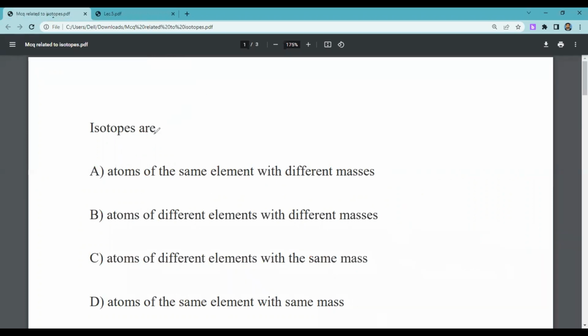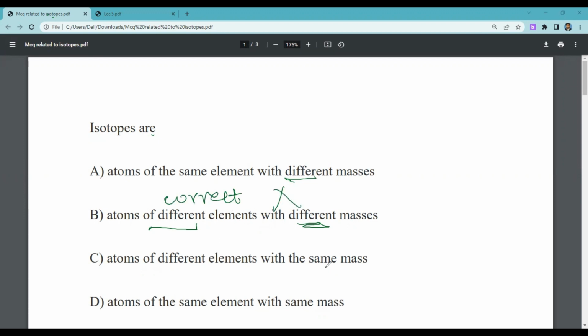The first MCQ is, what is meant by isotopes? Isotopes are atoms of the same element with different masses. This is also correct: atoms of different elements with different masses. This statement is correct, but it is not correct for isotopes.